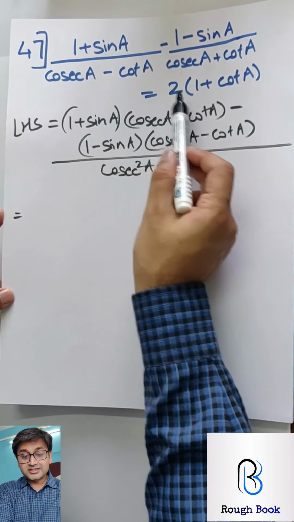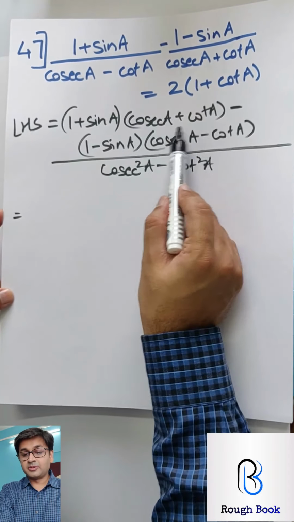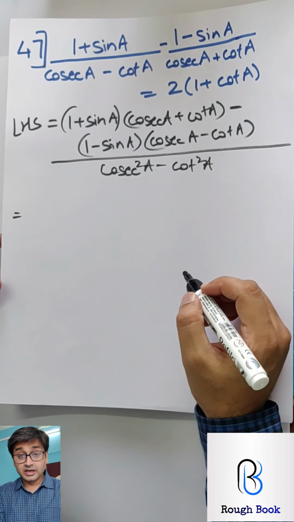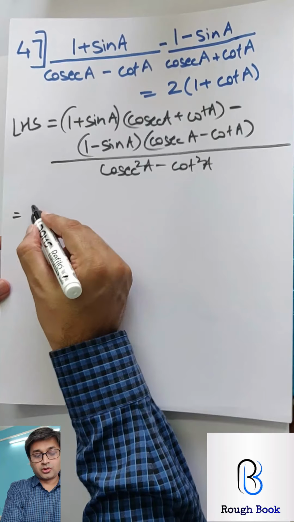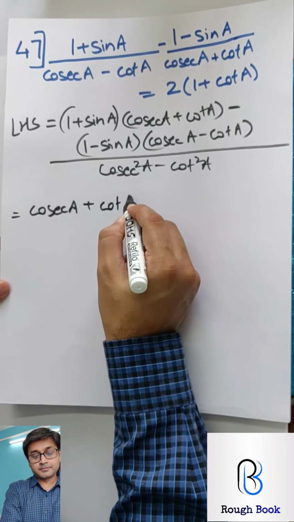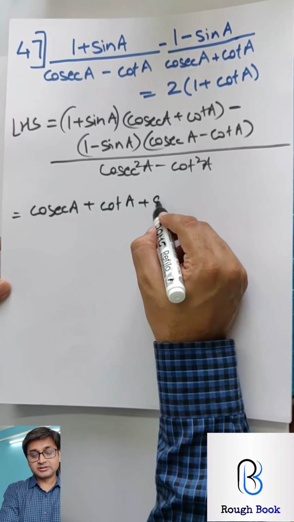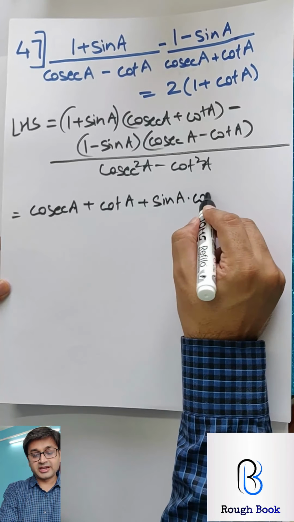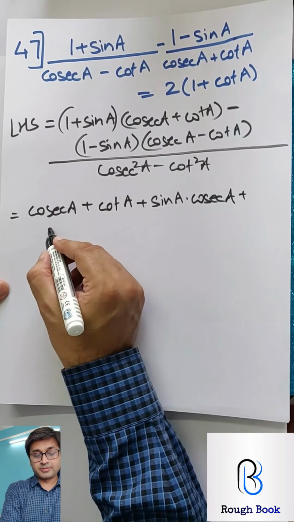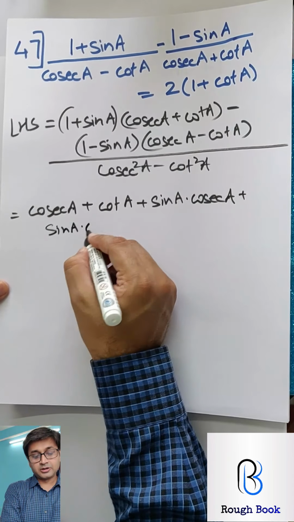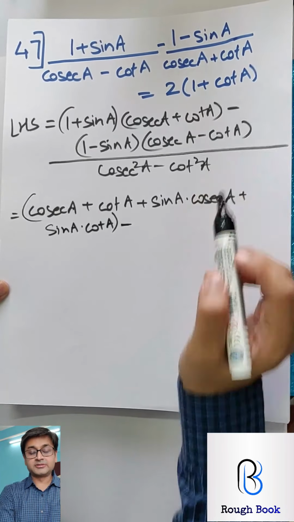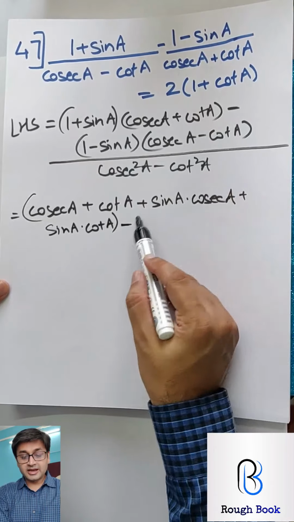Now you'll have to expand this. So 1 will multiply with both, then sine will multiply with both. Be very careful, make no mistakes, okay? So 1 into cosec is cosec, 1 into cot is cot, sine into cosec, and sine into cot, so that will be plus sin A into cot A. Put the entire thing in one bracket with this minus sign, multiply this and put it in bracket.